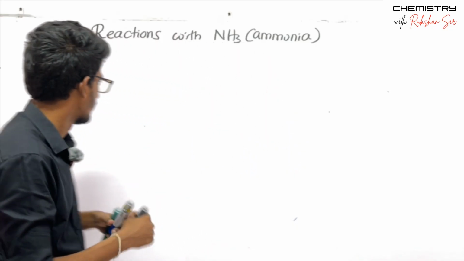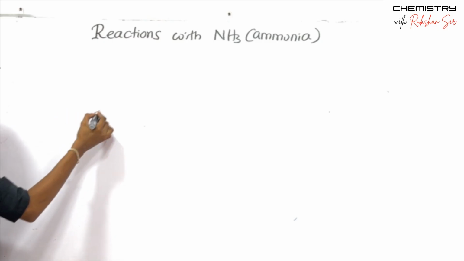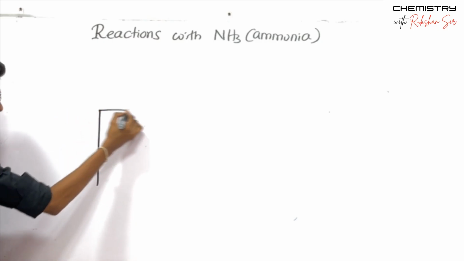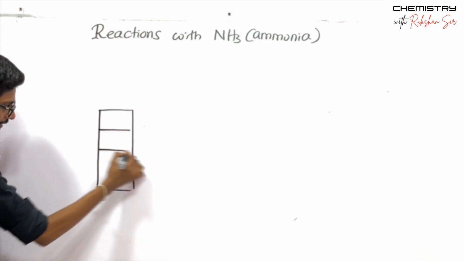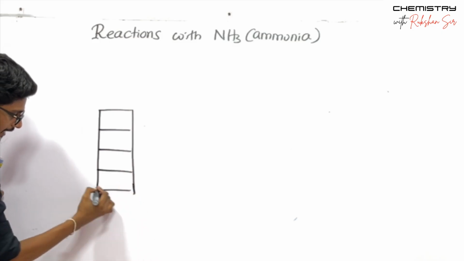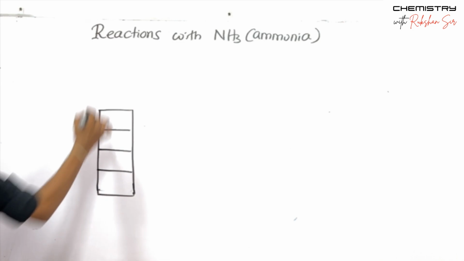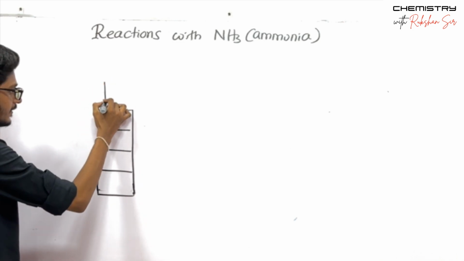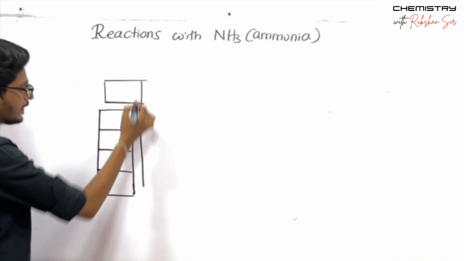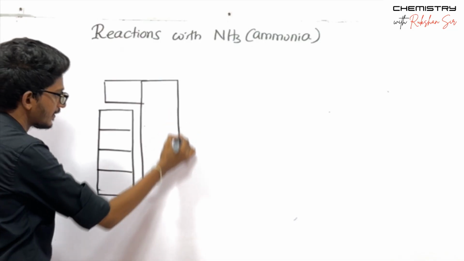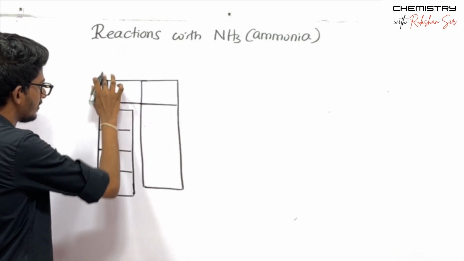The two categories are metals which contain cations with low polarizing power, and the next category contains metals with cations with high polarizing power.